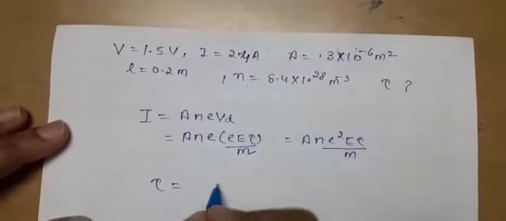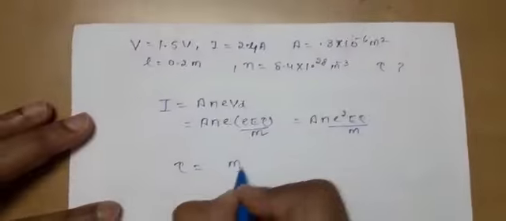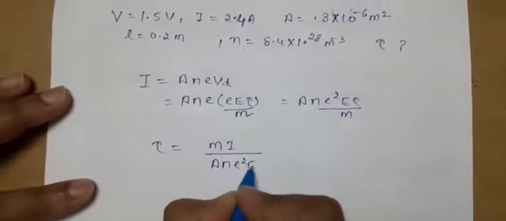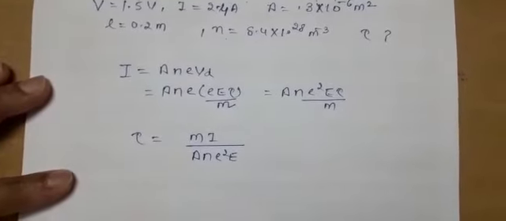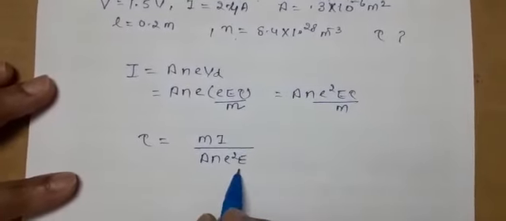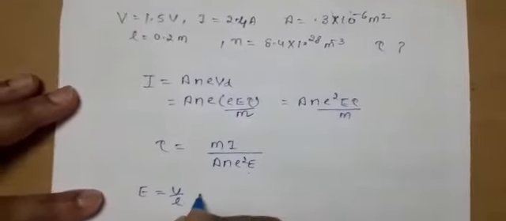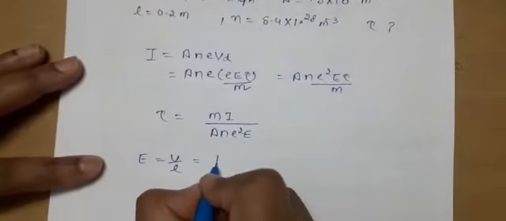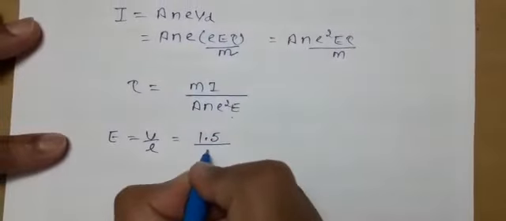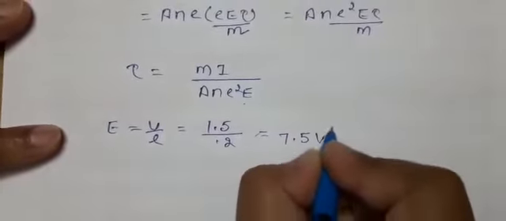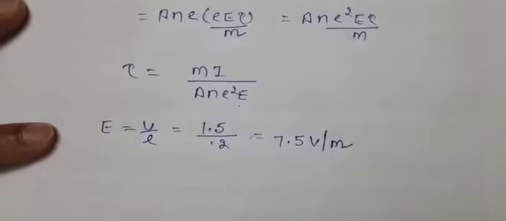Now tau will be equal to m I upon A n e square into E, where E is the electric field. See, this electric field is not given as per the statement, but electric field is V upon L. Now the potential difference as per the statement is 1.5 and the length of wire is 0.2. So the electric field is 7.5 volt per meter.